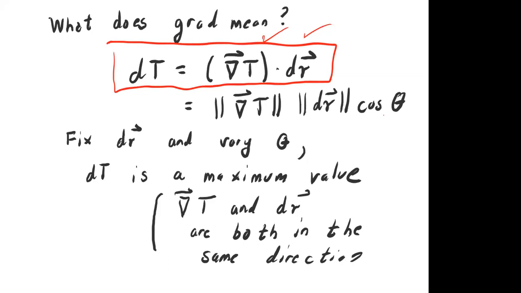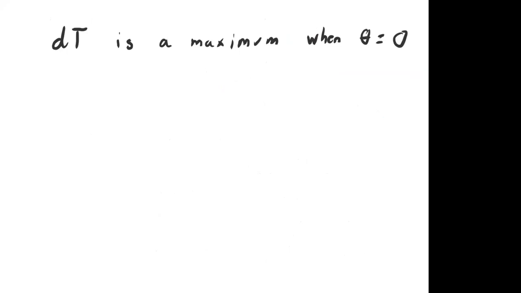And so this tells you the meaning of the gradient. The change in temperature of the room is maximum when theta is 0, or the gradient of T is in the same direction as dr. So I'm just writing this again.